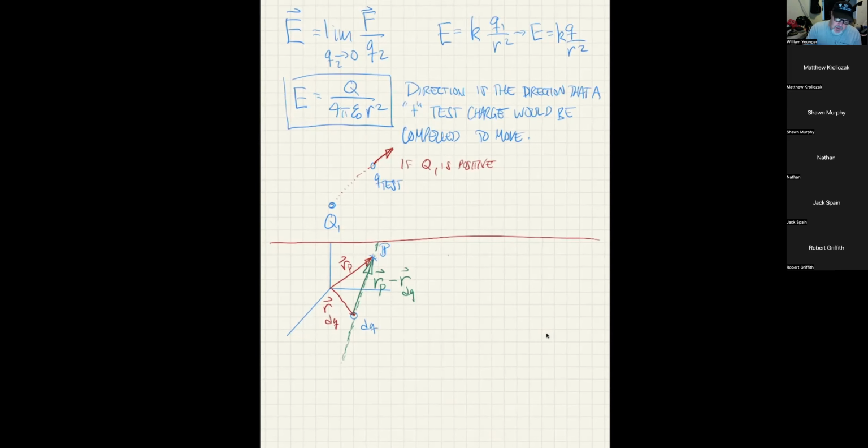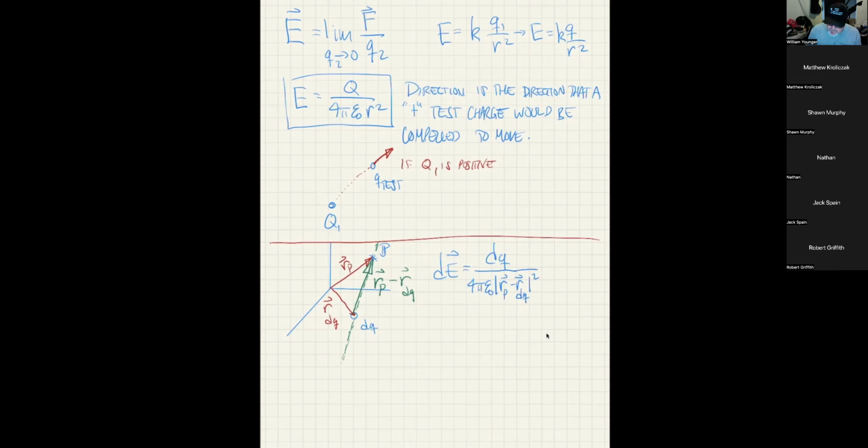Therefore, we can say that the differential electric field is in fact dq over 4 pi epsilon naught. Actually, let's not do that last thing there. Let's do an absolute value bar, RP minus R dq. Notice the length of that vector is exactly the R that we use in Coulomb's law.